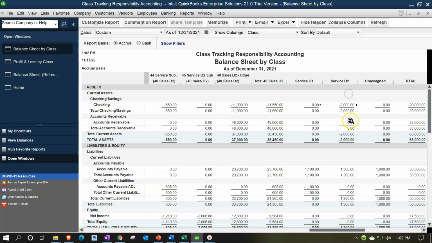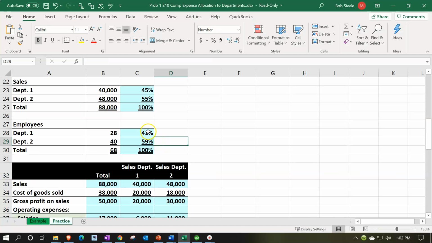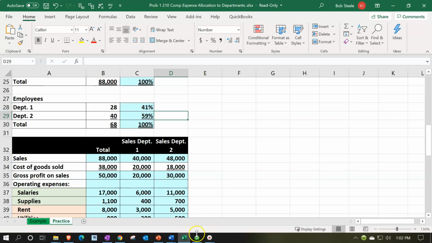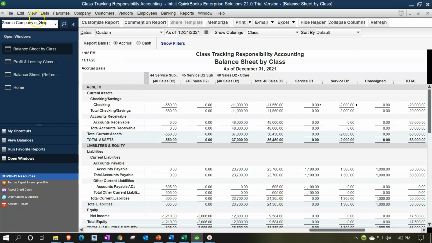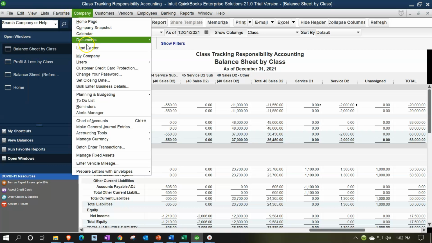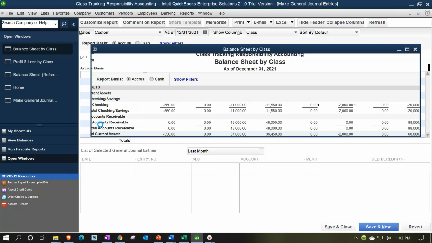Let's do the same for the service D2. I need to remove this, allocating it out. This time we're going to use the ratios of the 4159, which is the same ratio we used on the income statement. So let's check that out. We're going to go to the company dropdown, make journal entry.